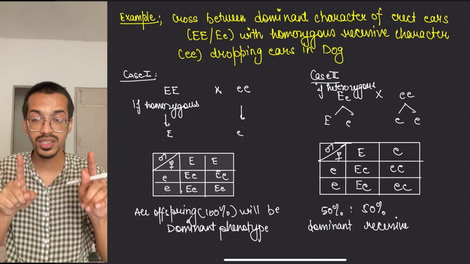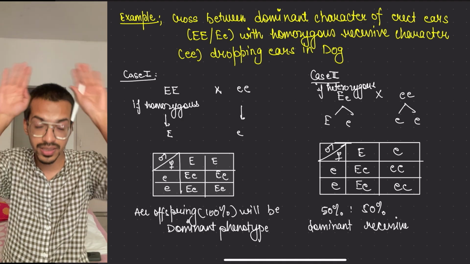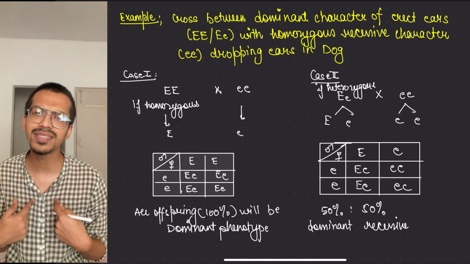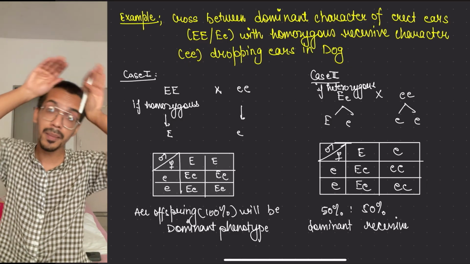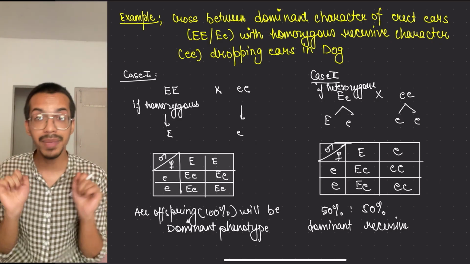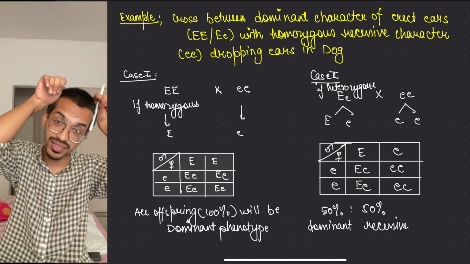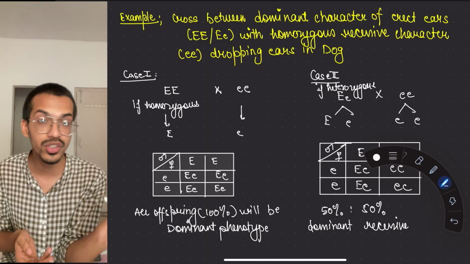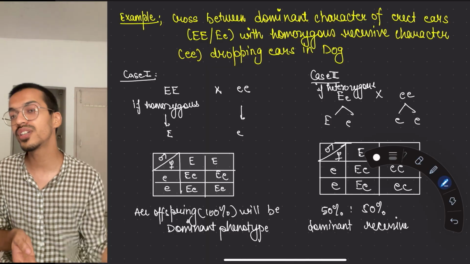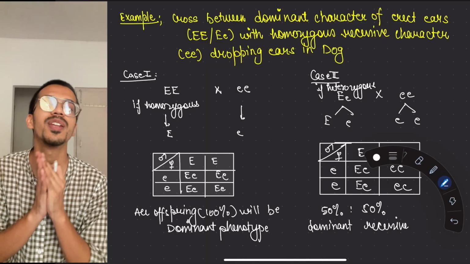If 100% of babies come like this, it means that I am a homozygous dog. But if I am this, my spouse is this, and the babies come both this and this, it means I am in a heterozygous condition. In heterozygous conditions, the recessive trait will come in equal number.